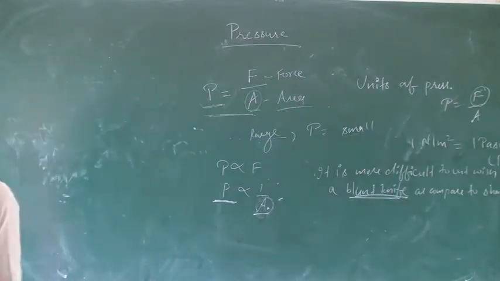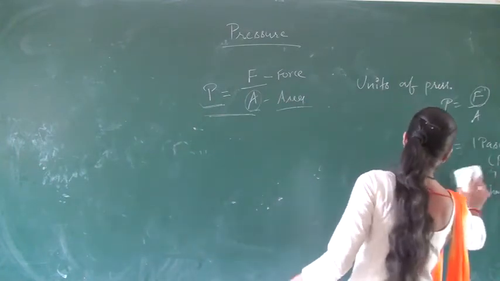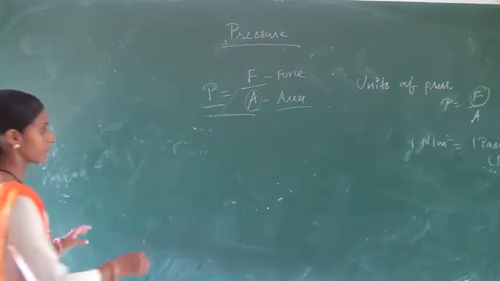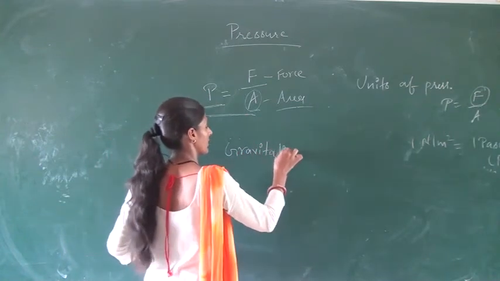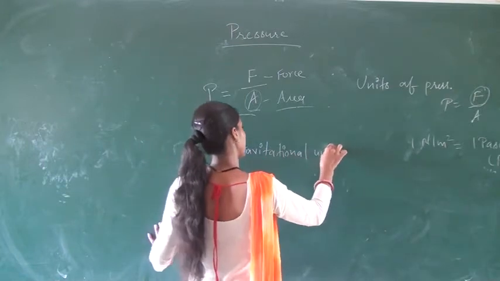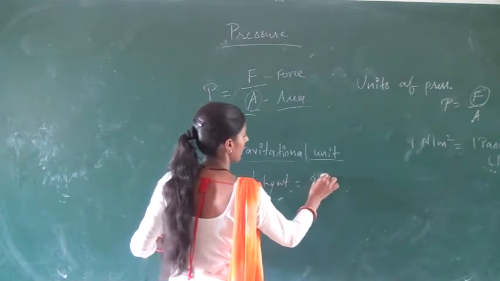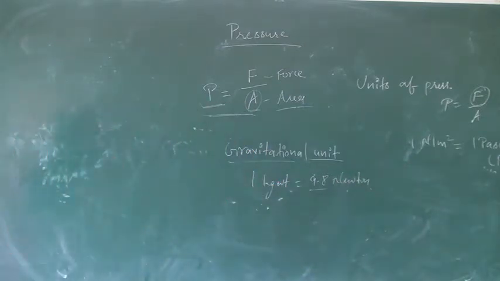Okay. After that, gravitational unit of the pressure. This is the SI unit of the pressure. Now, gravitational unit of pressure. 1 kilogram weight is equal to 9.8 Newton.